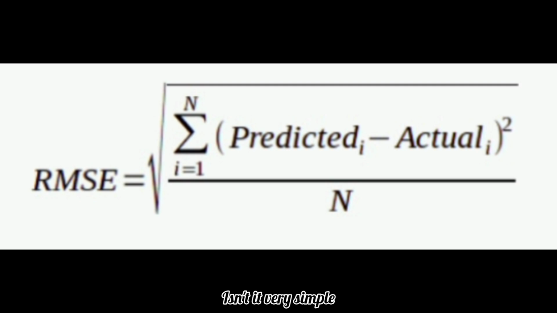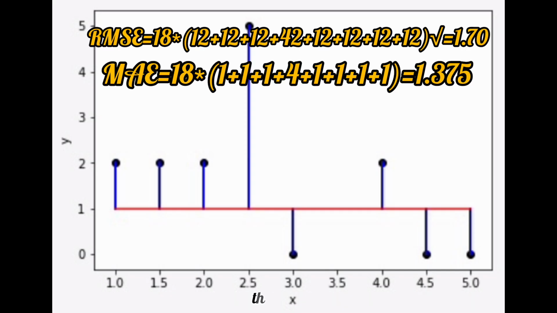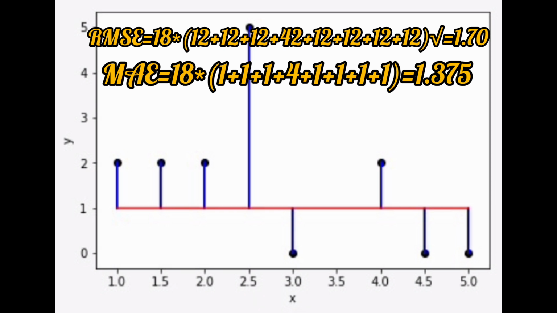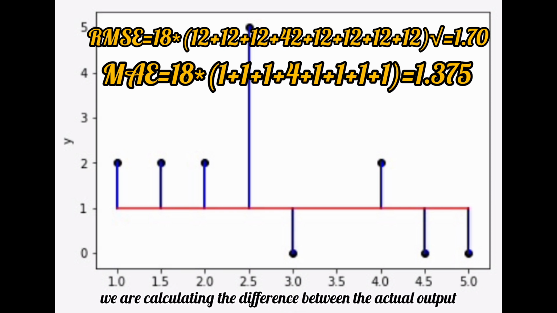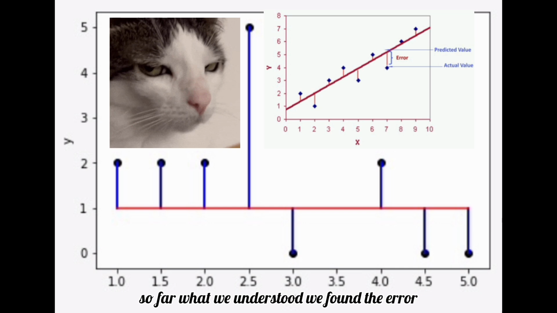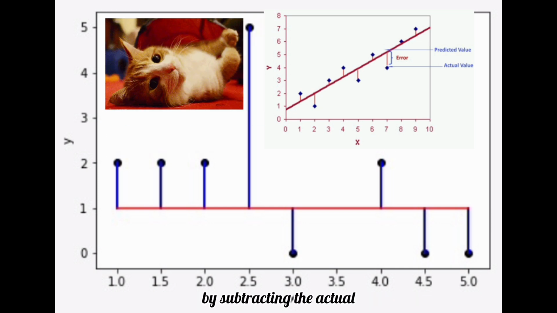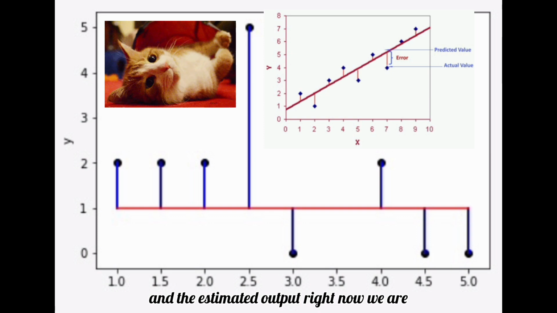Isn't it very simple? Considering the intercept as 0 and 18 as the slope, we are calculating the difference between the actual output and the estimated output. MAE and RMSE are calculated. So what we understood is that we found the error by subtracting the estimated output from the actual output.